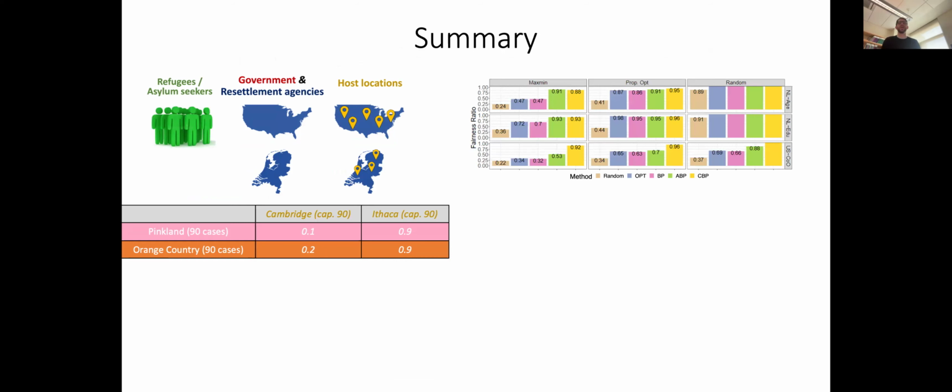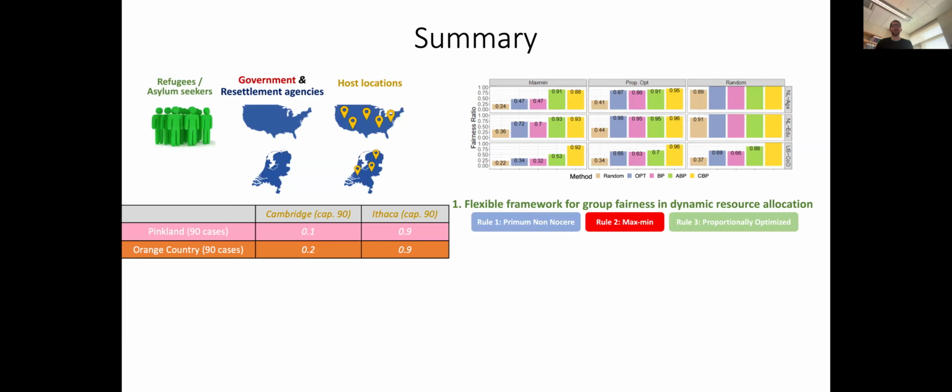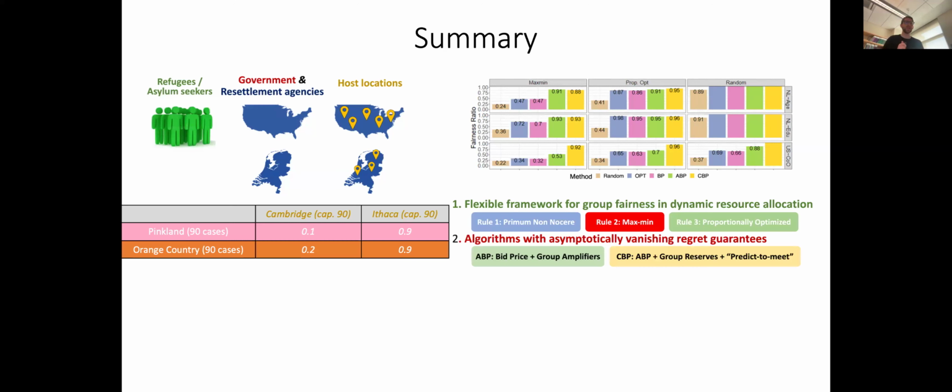What we show is that there are algorithms that perform well with respect to given fairness rules. Of course, this requires a fairness rule to be given by the policymaker. We want to stay far away from making the decision of what that fairness rule should be. Our algorithms have asymptotically vanishing regret guarantees under IID assumptions and so forth.